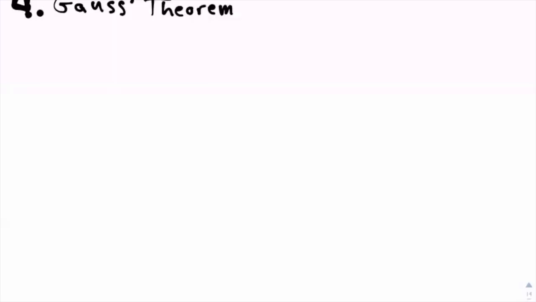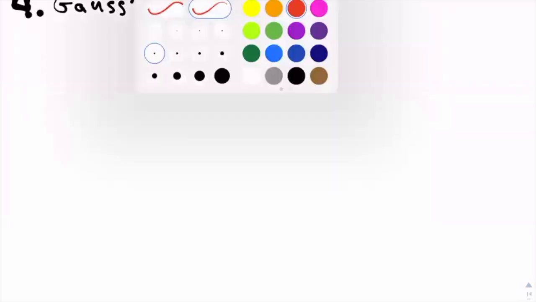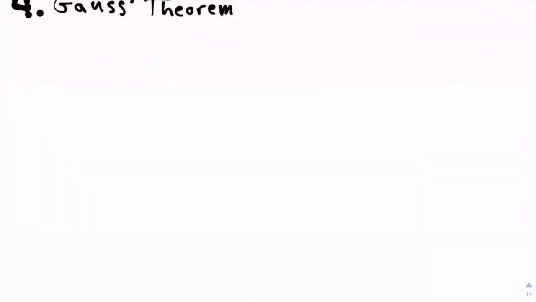All right, and finally, let's take a look at Gauss's theorem, which is better known, or I guess equally known, as the divergence theorem. Now, we already know Green's theorem. Let me switch my pencil color, just so we can distinguish between the different sections.